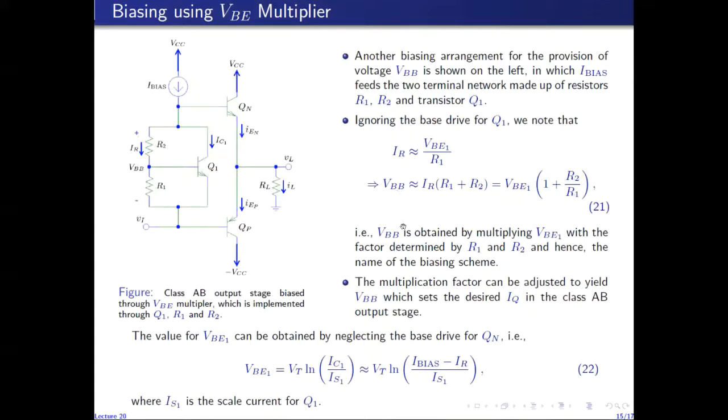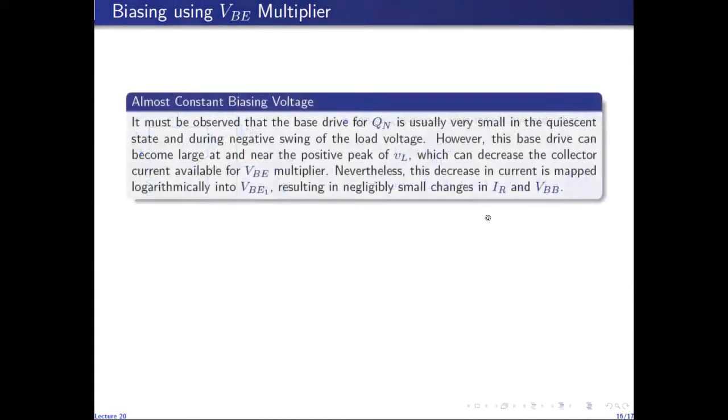So VBB and IR will be almost constant during the positive swing of the load voltage, because during the positive swing, the base current will increase, and this decrease in IC1 will produce a negligibly small change in VBE1, keeping VBB and IR almost constant during the positive swing of the load voltage, as well as the negative swing, because during the negative swing, the base drive itself is pretty small.